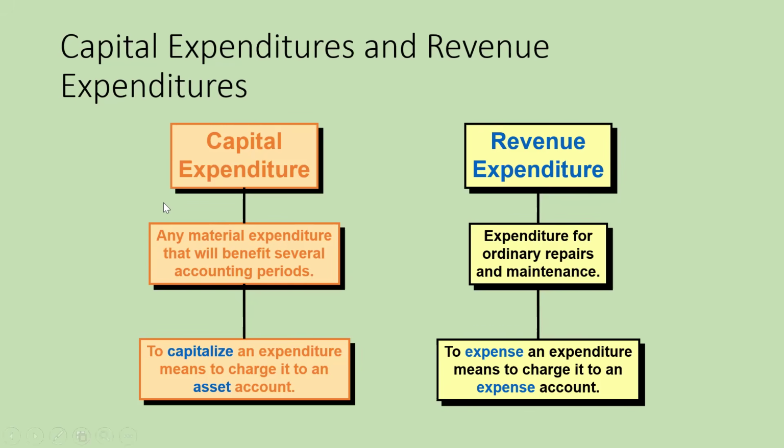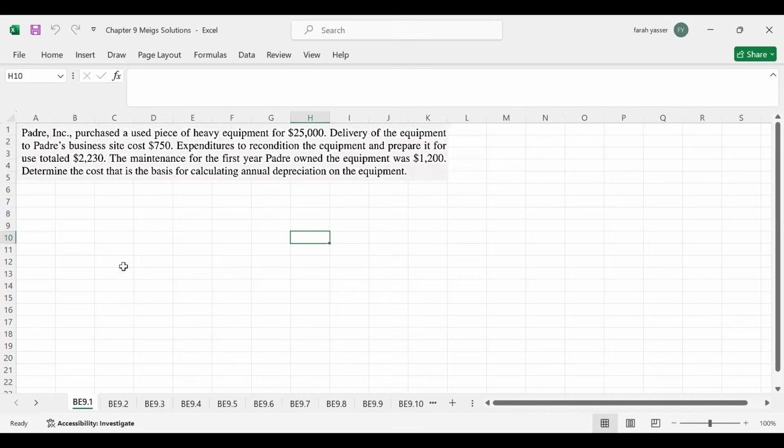So we are going to calculate the cost of the asset in the Excel sheet. Here it is, the Excel sheet, the problem. This is brief exercise 9.1 from the book Financial and Managerial Accounting, written by Williams Haka Bettner, Chapter 9, Plant and Intangible Assets.